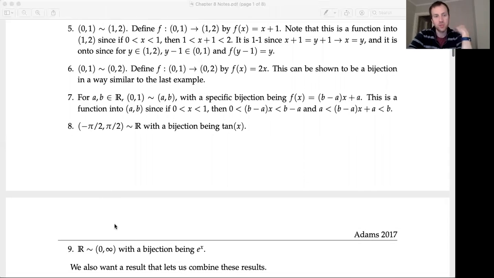Another example, along the same lines, is e to the x. Its graph, remember, is something like this. This is a bijection from the real numbers to (0, infinity).